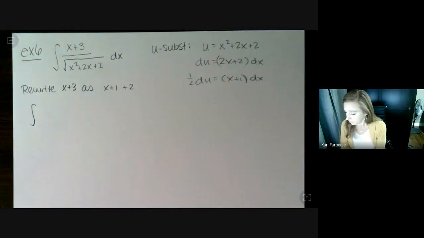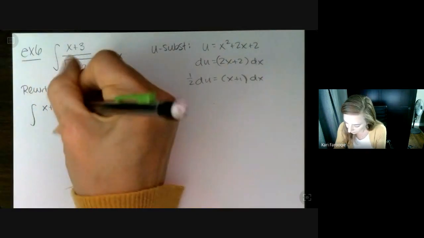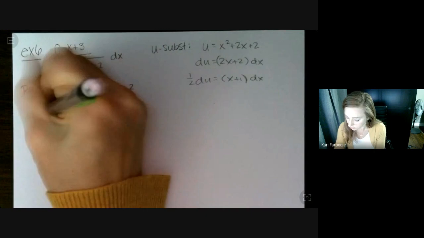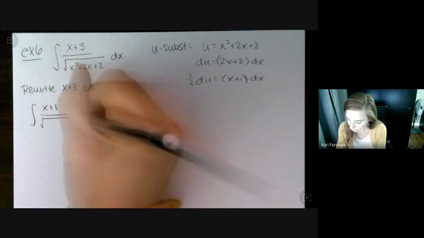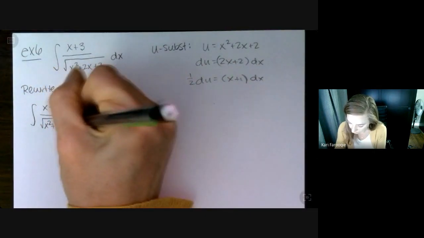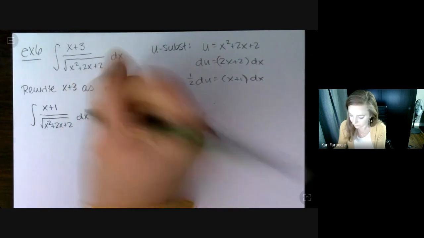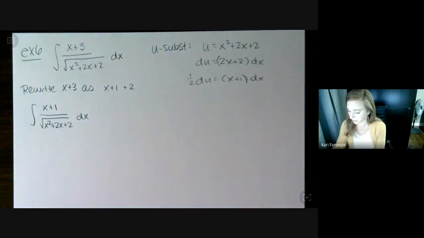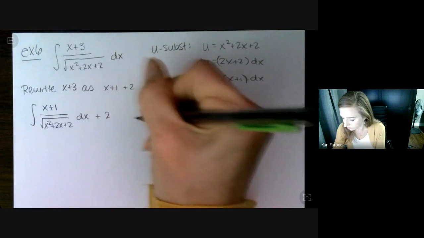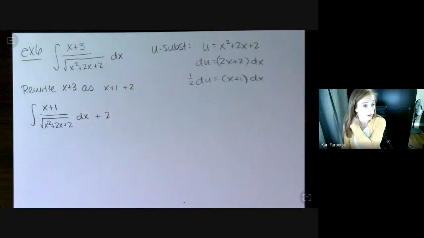let's rewrite this. So I'm going to split up my integral. I'm going to have x plus 1 divided by the square root of x squared plus 2x plus 2 dx. And then I'm going to have plus twice the integral. If you want to put the 2 in the numerator, you can.